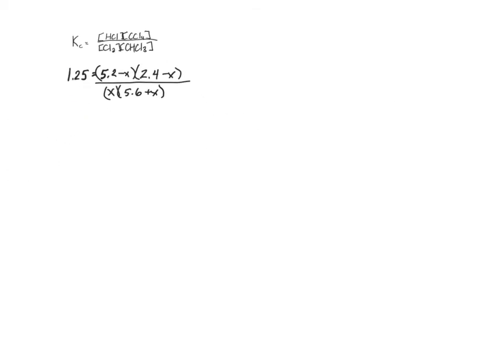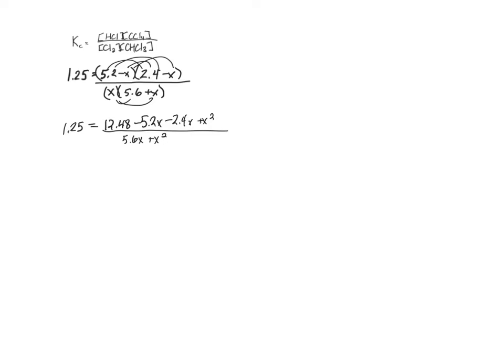First thing we want to do is write that 1.25 is equal to, let's figure out what 5.2 times 2.4 is. 5.2 times 2.4 is 12.48 minus 5.2x minus 2.4x plus x squared over 5.6x plus x squared.